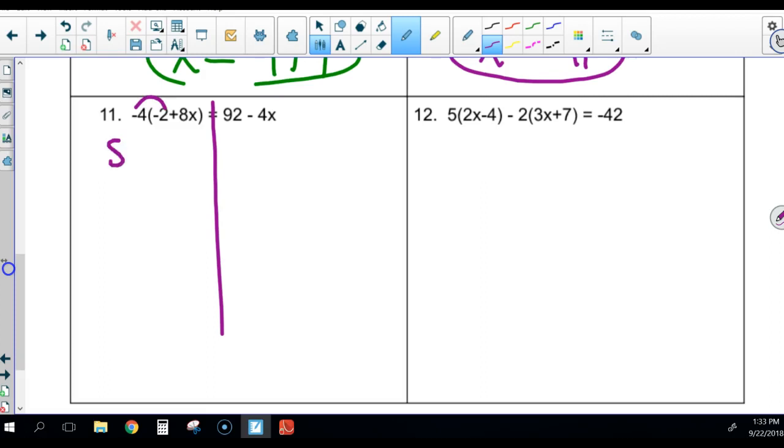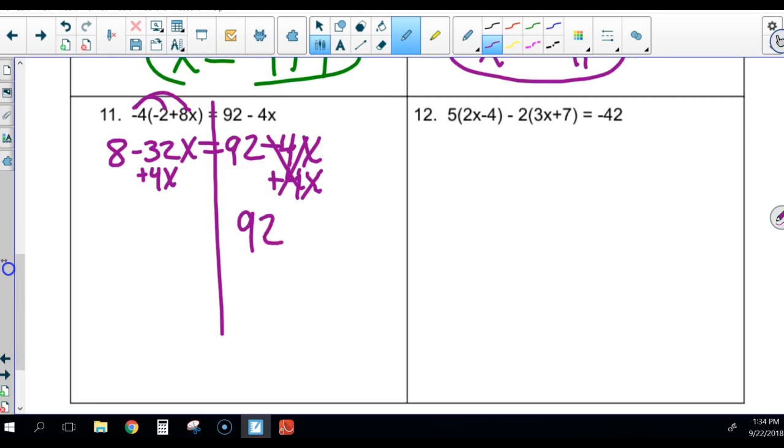Negative 4 times negative 2 is 8. Negative 4 times 8 is negative 32x equals 92 minus 4x. Take our smaller x, which is negative 4x, cancel it out, plus 4x. 92 equals 8.